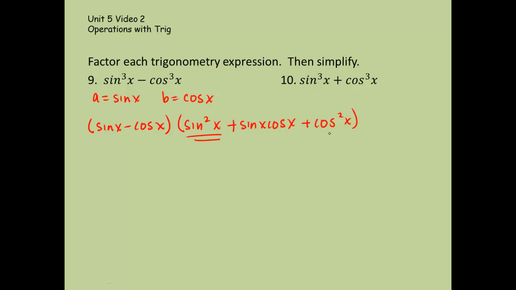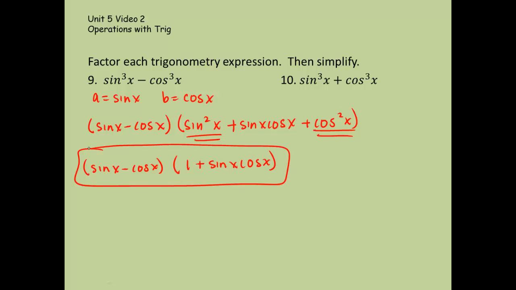Because I see sine squared of x and cosine squared of x, I know I have my Pythagorean identity. You're going to be tired of seeing that. Sine of x minus cosine of x times 1 plus sine x cosine x. And that is your final factorization simplified. Please try number 10 and bring that to class.